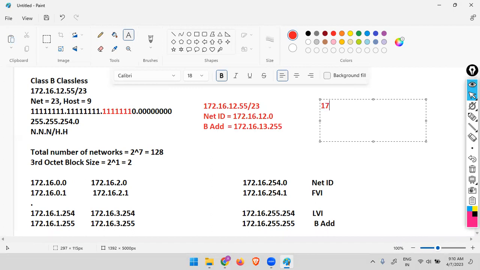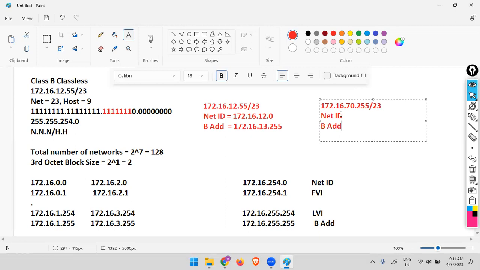Let's say your IP address was 172.16.70.255, yeah, 255, no problem, and the prefix is 20. Simply, block size is 2. Will 70 come in the multiple of 2? Yes, it is going to come.